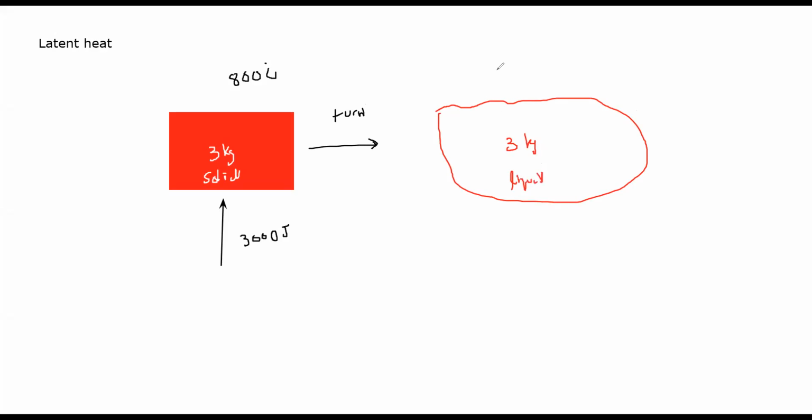What will be the temperature of the liquid when the solid is melting? When you're supplying heat energy, the solid is melting. What is the temperature of the liquid? The temperature of the liquid will also be the same, 800 degrees centigrade.